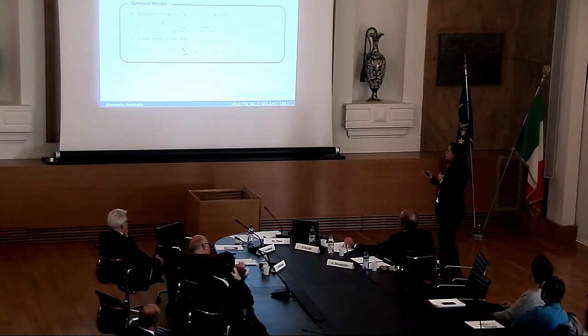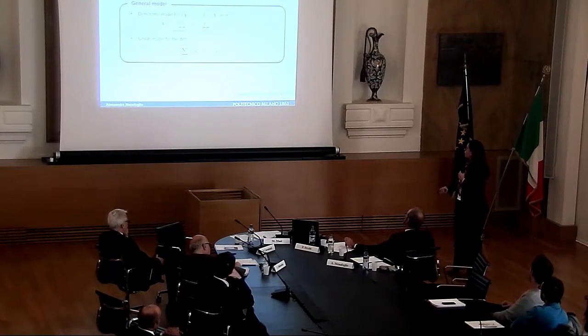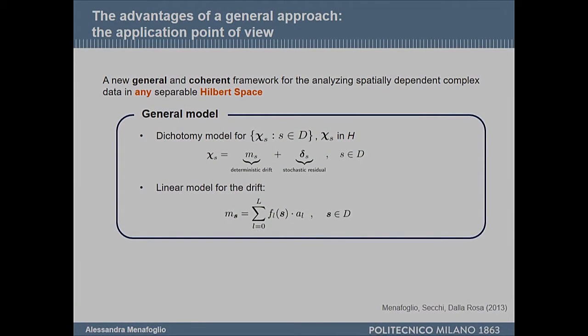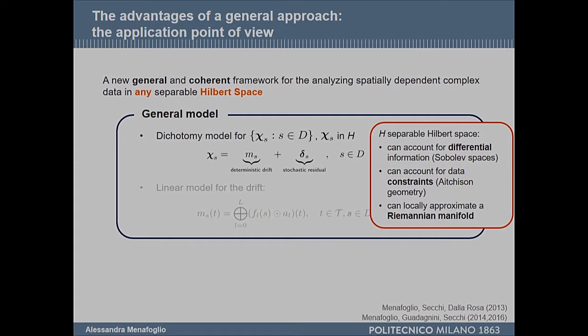Now, why is this method useful for the applications? Well, it's quite flexible. It's flexible because we can choose this Hilbert space in order to represent the data characteristics that we are interested in. And in particular, this space may allow you to account for the differential information of the data, so not only the pointwise properties, but also the derivatives of the curve.